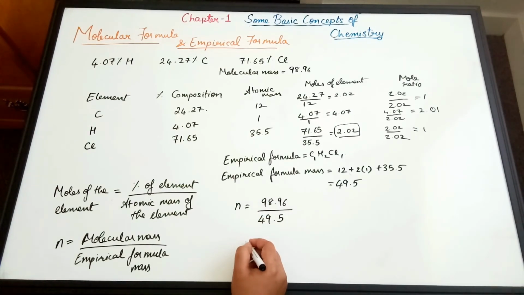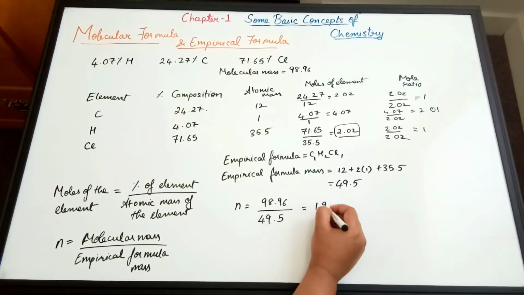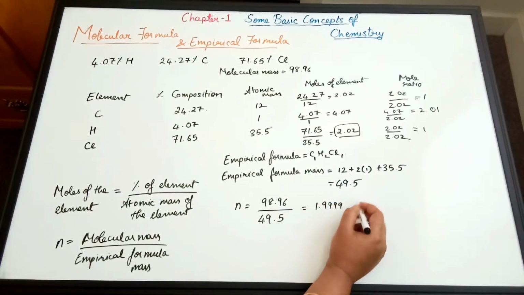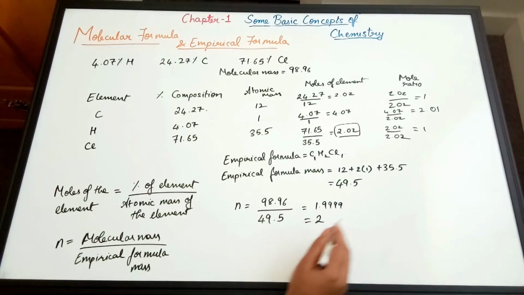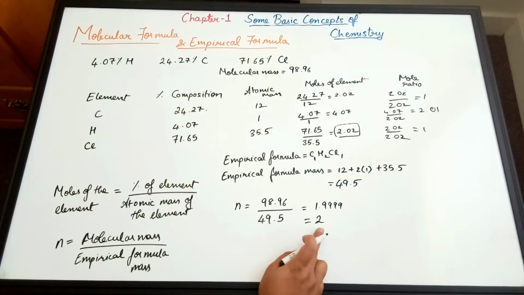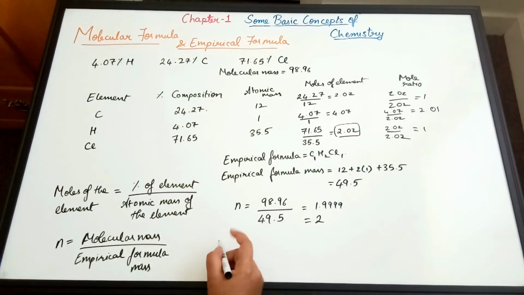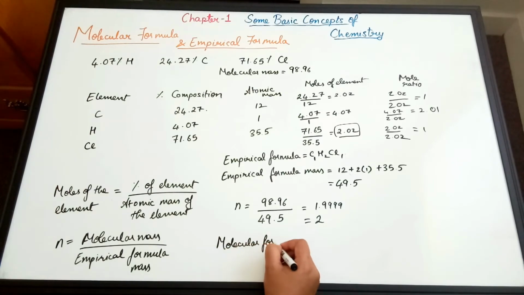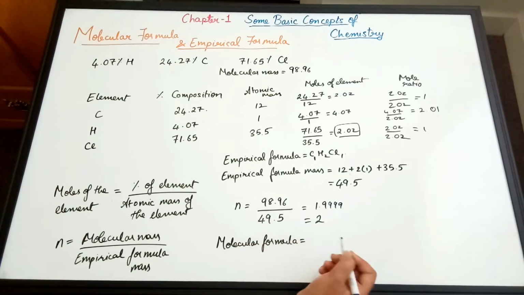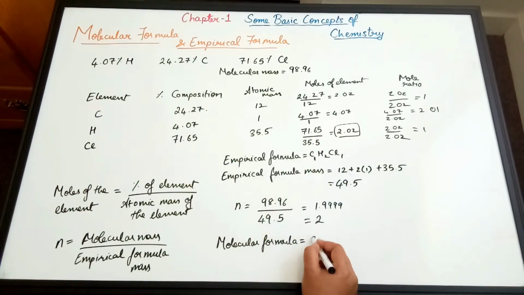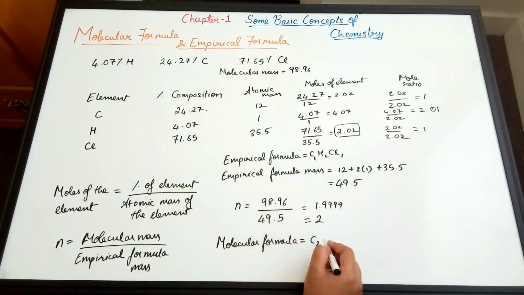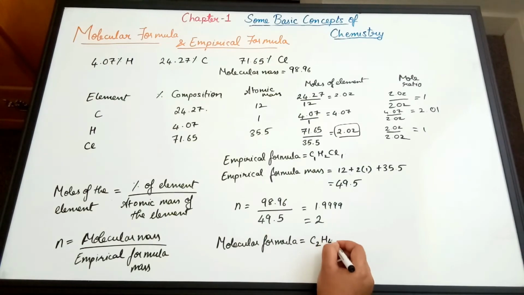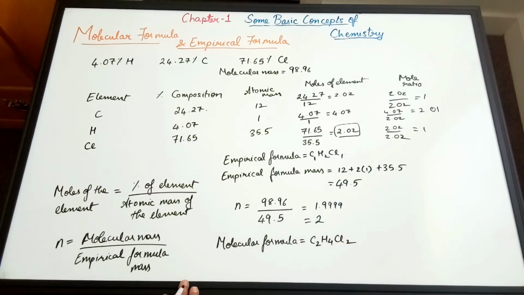After simplifying this, you will get 1.9999, which is approximately rounded off to 2. Okay, so the value of n is 2, which means the molecular formula will be equal to C2H2 into 2, which means H4Cl2.